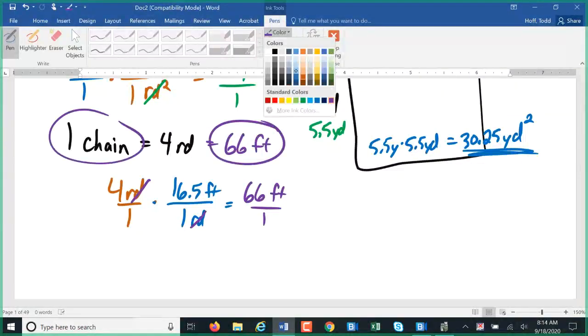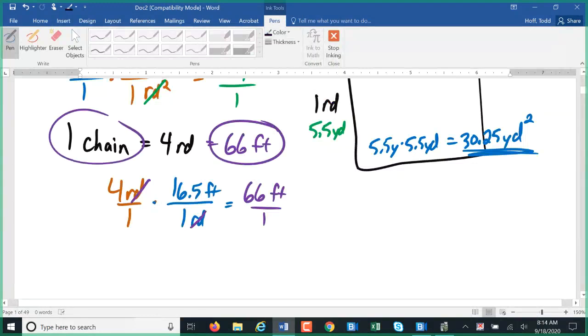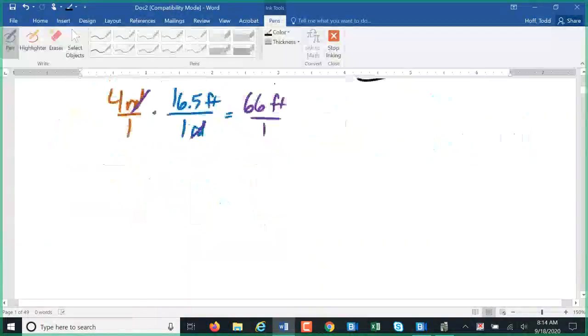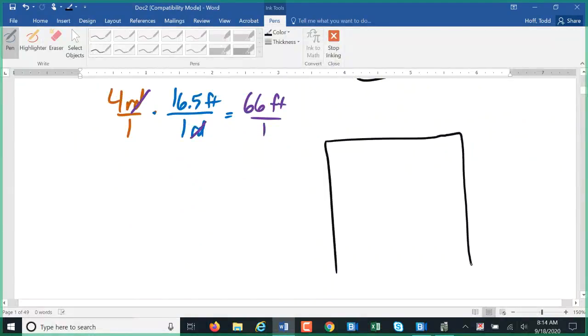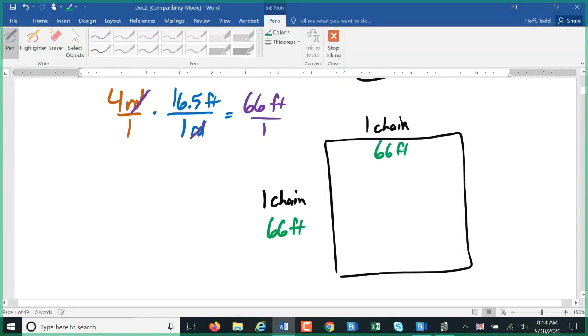Well, why is that important? Well, let's look at what a square chain would be. One chain by 1 chain will be 66 feet by 66 feet.